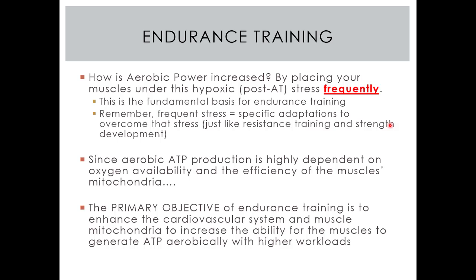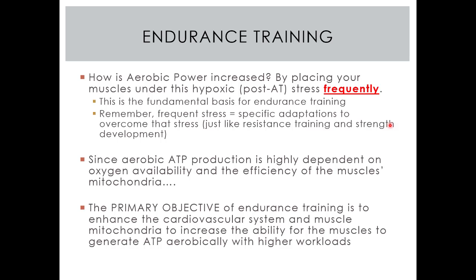In so doing, the 10 mile per hour workload, as in that example provided, is not only achievable but also sustainable due to the mitigation of hypoxic stress and fatigue. And since endurance training must impose frequent hypoxic stress to elicit adaptations and thus improvements in aerobic power, endurance training is really anaerobic threshold or post-anaerobic threshold training, as training at intensities below the anaerobic threshold will not provide the appropriate stressor required for adaptations leading to improved aerobic power and muscular endurance.